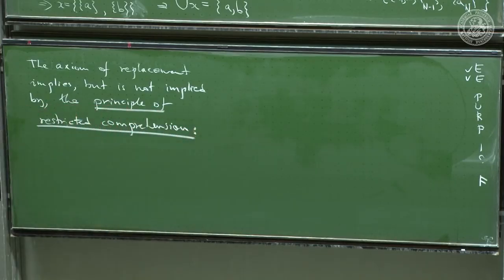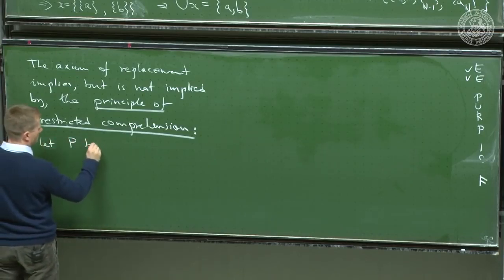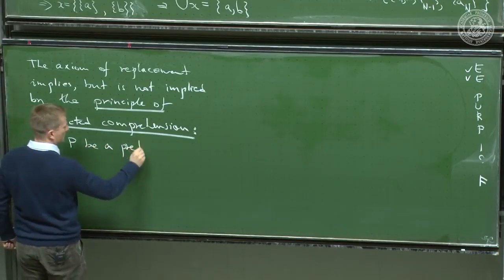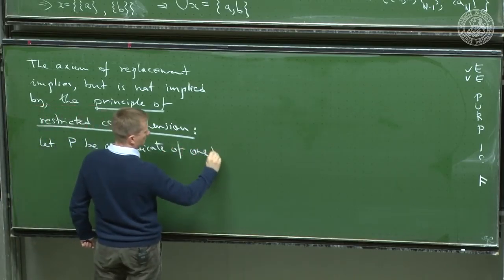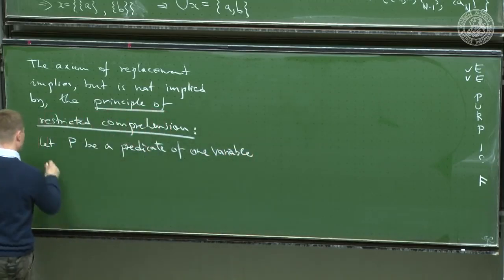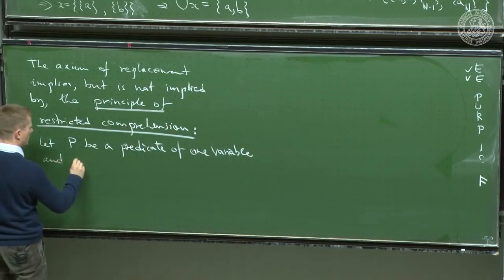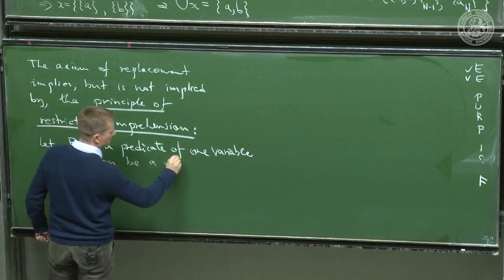Which is the following. Let P be a predicate of one variable, and let M be a set.